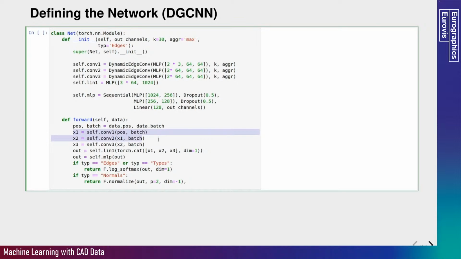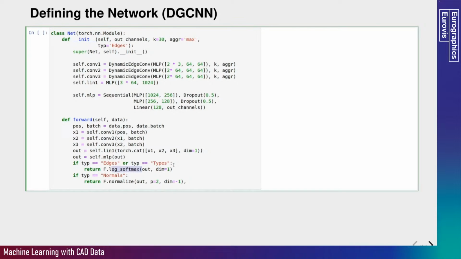Then we have these 3 convolution layers that we run in sequential order. We have the linear layer in the end, and then the output layer is this MLP layer. We get our data out from the MLP layer, and then we have to differentiate between what type of features we use here. For the edge features, for example, we want to run a log softmax layer afterwards.